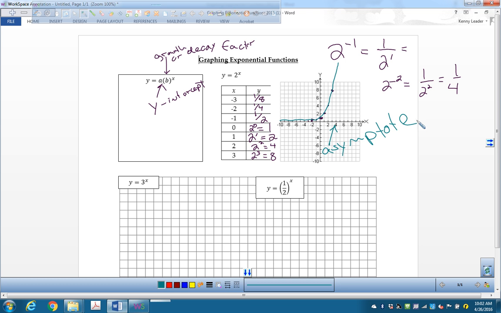No matter what number I plug in here, this y value is never going to be negative. If I put negative 100 in there, I get 1 over 2 to the 100th power, which is a very, very small number, but it's not negative. So y is always going to be a positive number, and what you end up getting is an asymptote.